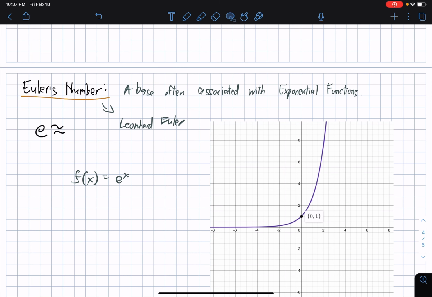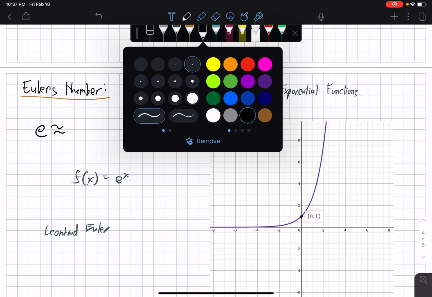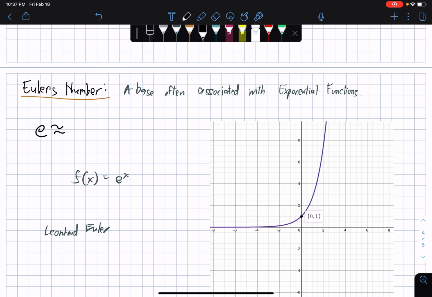Euler's number is equivalent to approximately 2.71828169. So yeah, this is it.